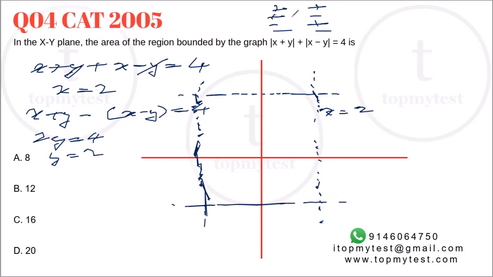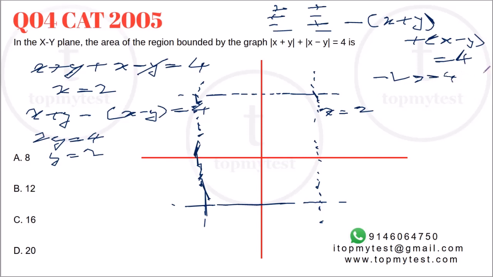Just to verify, if you want to, if you put x plus y negative, x minus y positive, you will get minus of x plus y plus x minus y equals 4. So this will give you minus 2y equals 4, or y is equal to minus 2, this line. And the last one, when both of them are negative, you will get x plus y minus x minus y will be 4, which will be negative of this one.